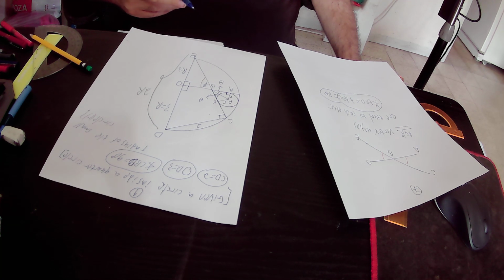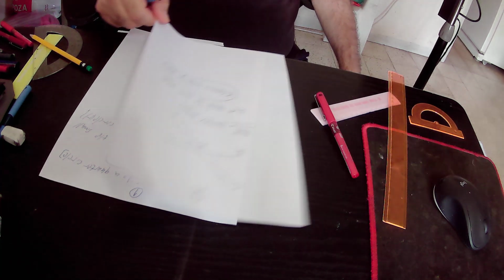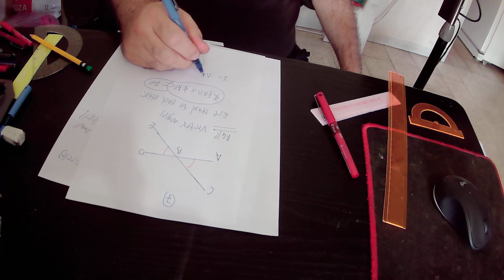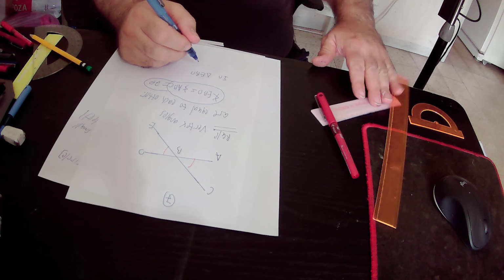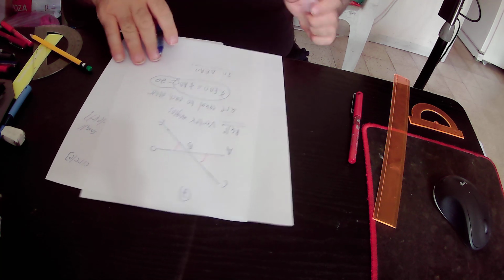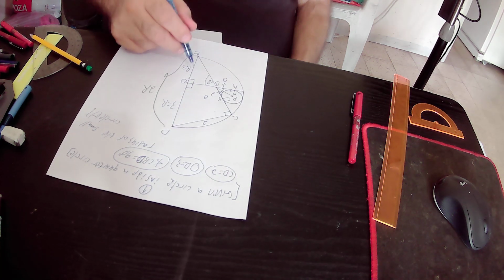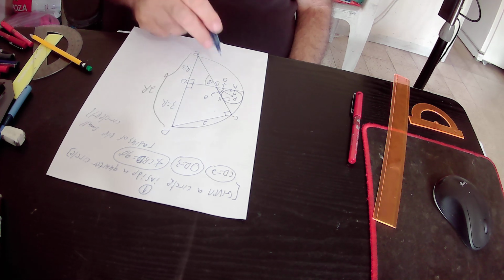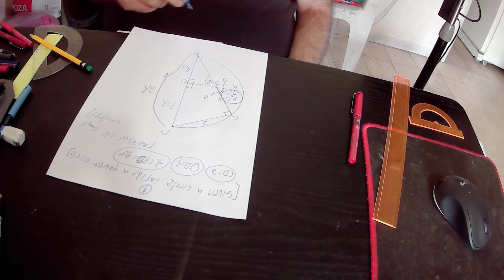We know that the sum of the angles in the right triangle EBO is equal to 180 degrees. That is to say, this angle that is 90 degrees plus 2 theta plus angle BEO equals 180 degrees.